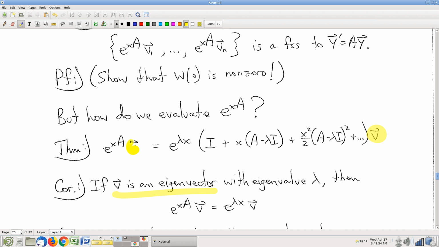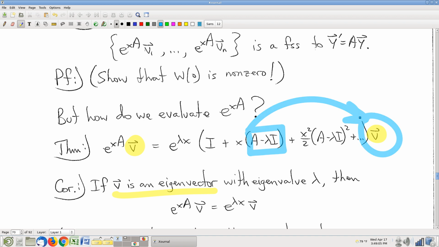If I want to multiply a matrix exponential times an eigenvector, well, A minus lambda I. What do I get when I multiply A minus lambda I times an eigenvector? 0. Right? This is a reference back to Chapter 5.